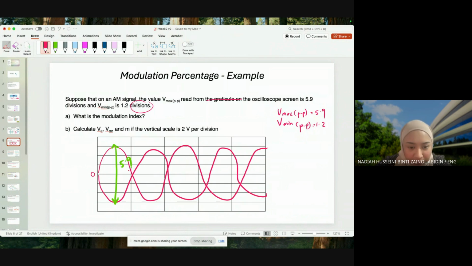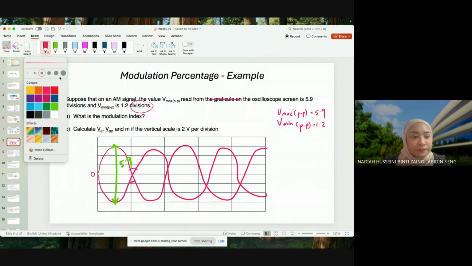So I need to redraw this. Let's use a different color.